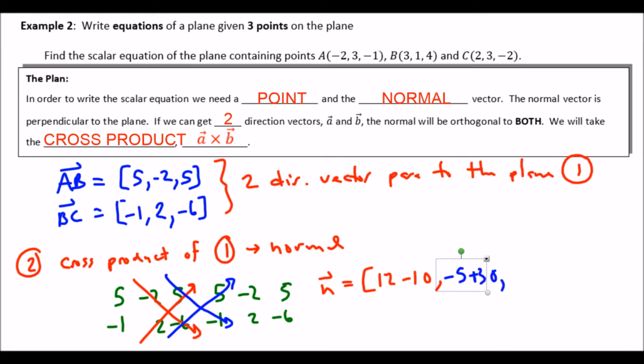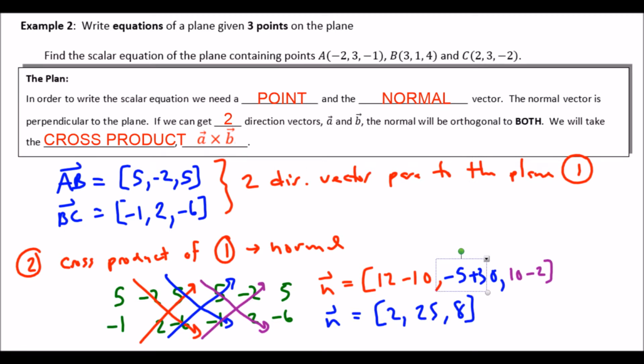And then the last one, we'll do it in purple. So here I'm going to have 10 minus 2. And so my normal will be 2, 25, and 8. So I got my normal.